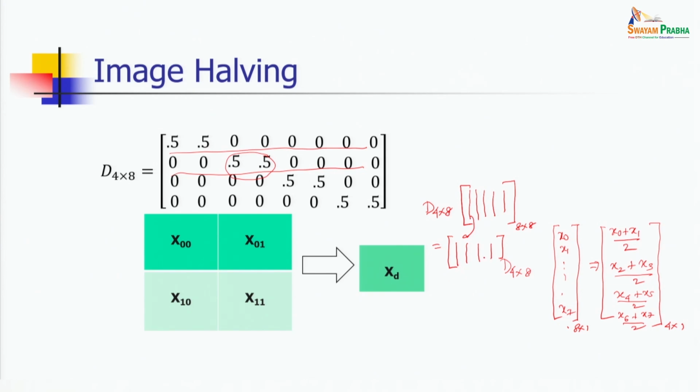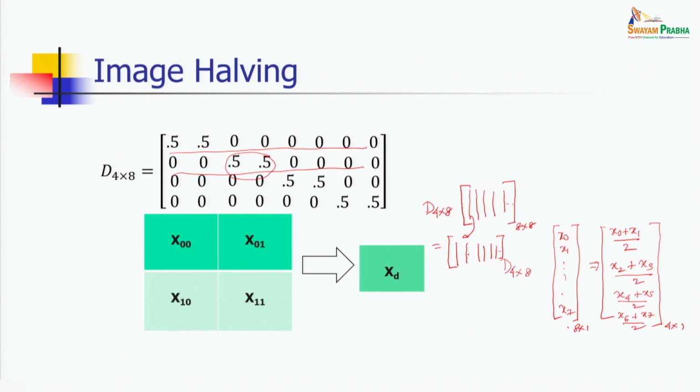So I will get this. Which means I have already reduced the columns of this matrix, but there are 8 such columns because each column is reduced.